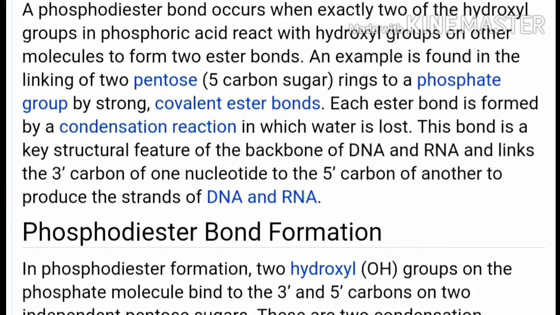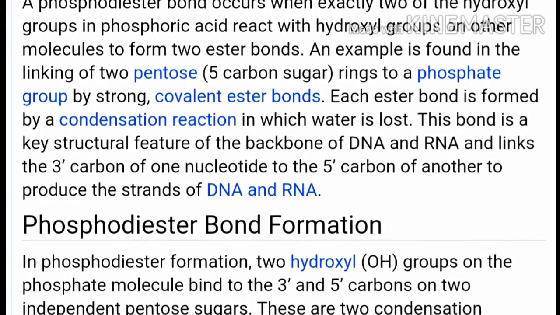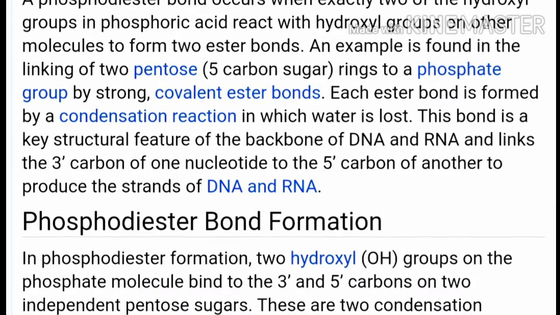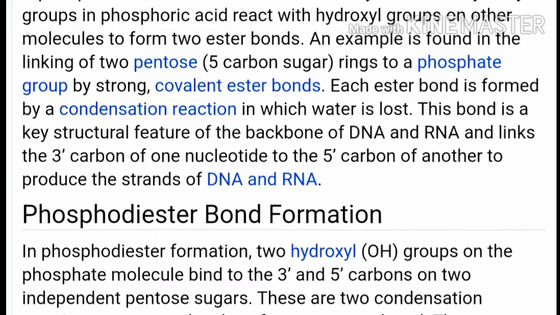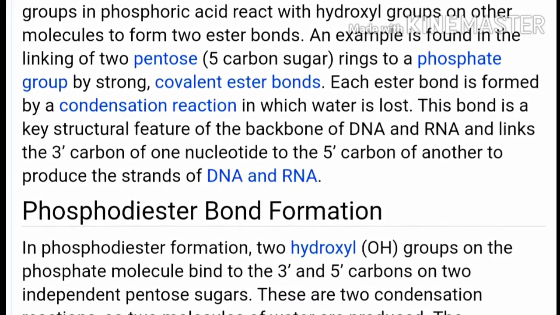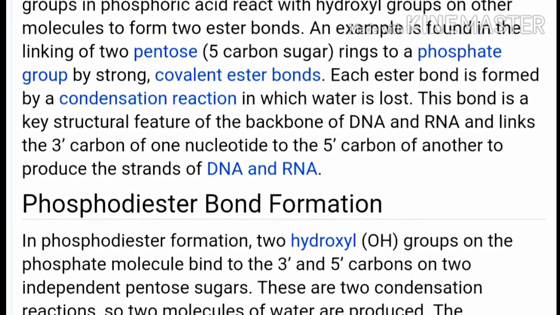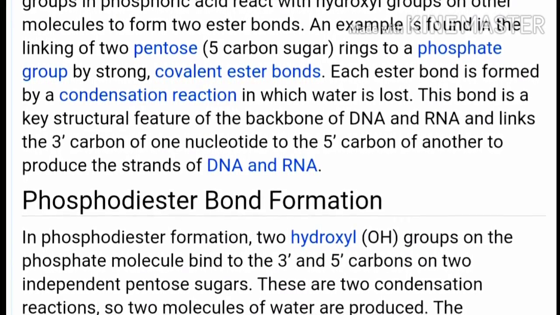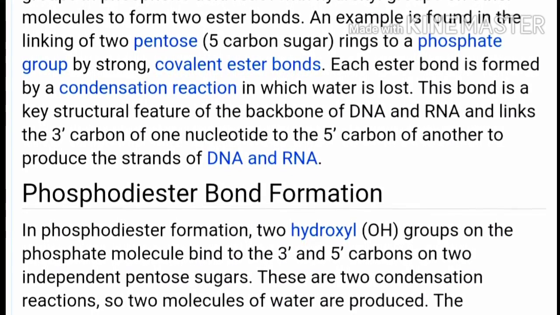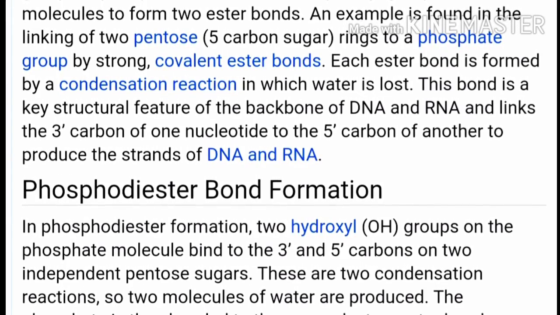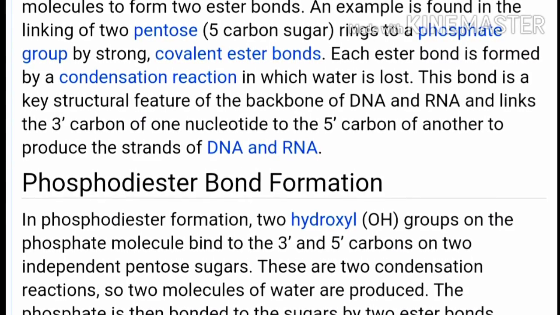Each ester bond is formed by a condensation reaction in which water is lost. This bond is a key structural feature of the backbone of DNA and RNA and links the 3' carbon of one nucleotide to the 5' carbon of another to produce the strand of DNA and RNA.